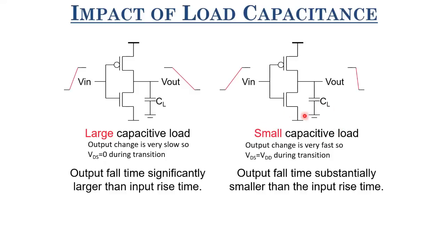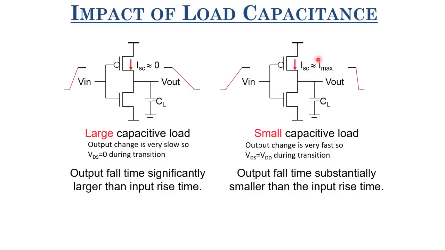So for small capacitive load, this delay is pretty small, and the moment this input goes from 0 to VDD, the output reacts sharply, and the output voltage changes significantly. So even when the input goes from 0 to some value, the output has started reacting, and as such, effective VDS is large, and during transition itself, effective VDS can be VDD, right?